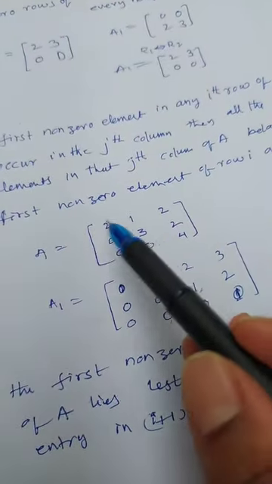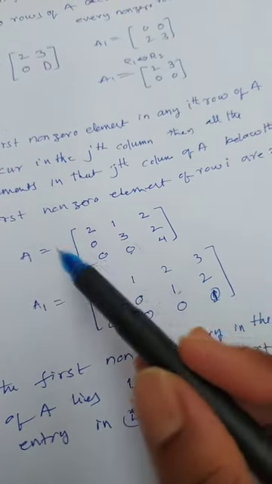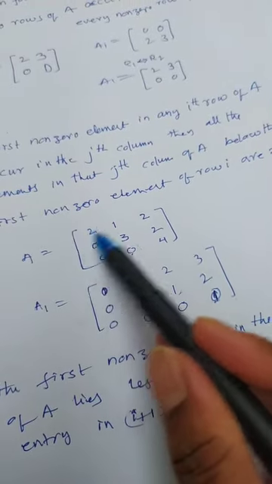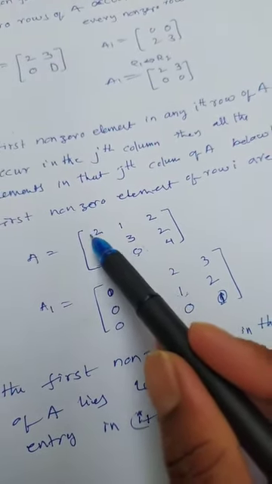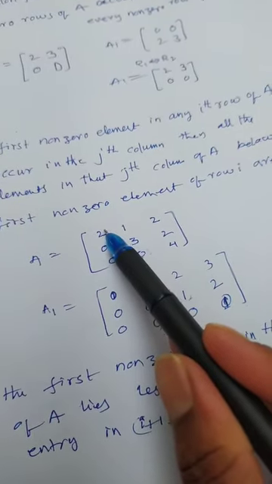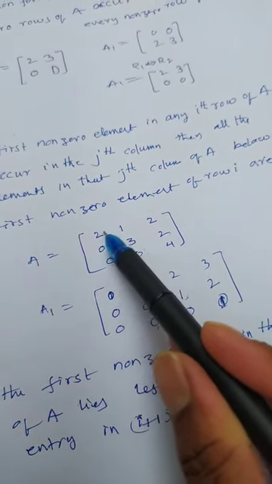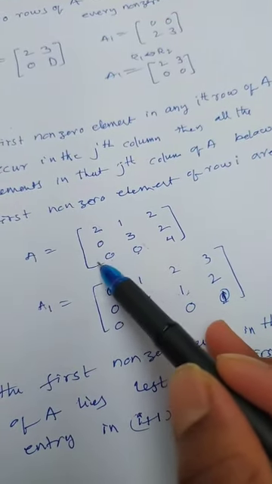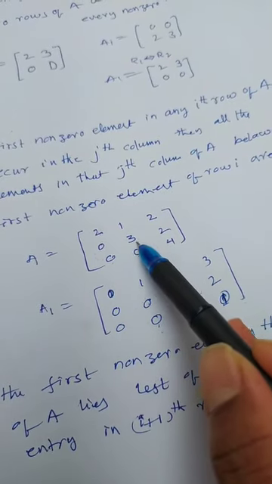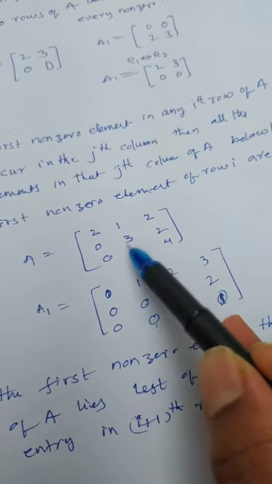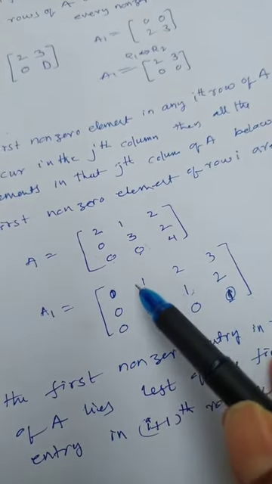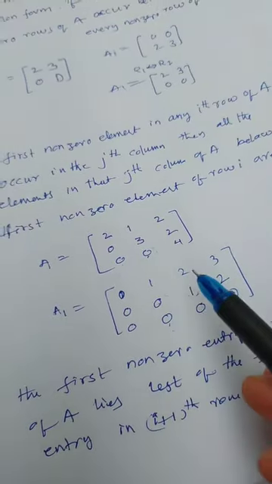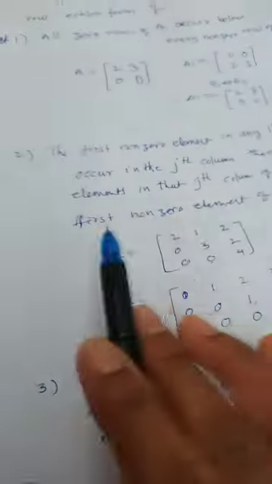In any non-zero row, the first non-zero element is called the leading element of the row. If a leading element exists in the row, then in that column the elements below should always be 0. See here, in the second row 3 is a non-zero element, and its below element is 0 in this matrix. The first non-zero element is 1, then the below element is 0. That is the second property.